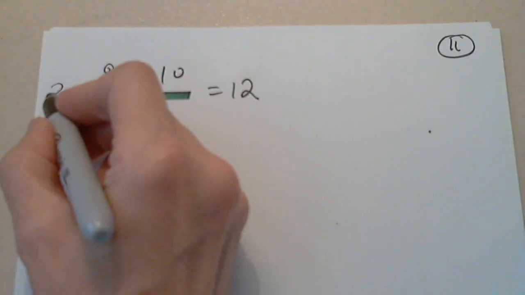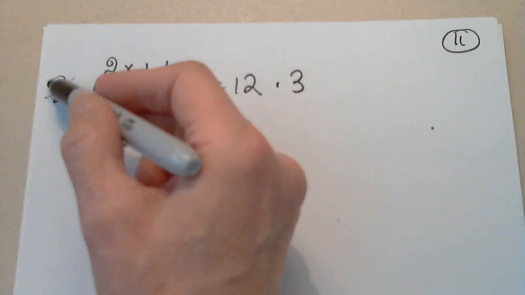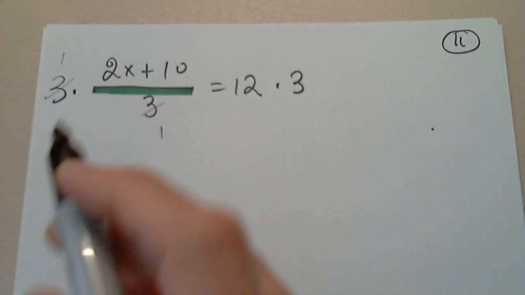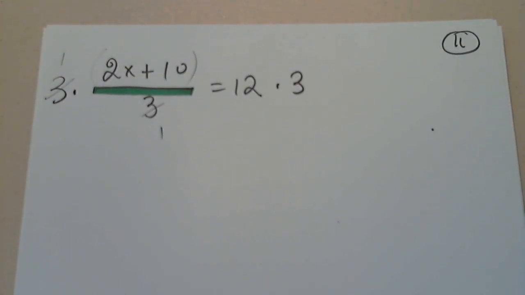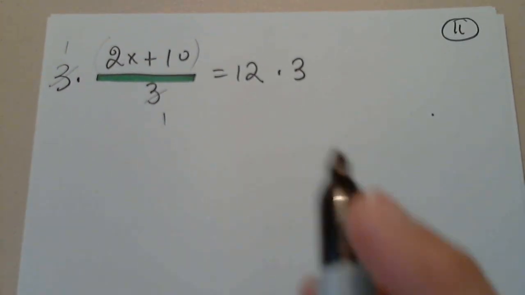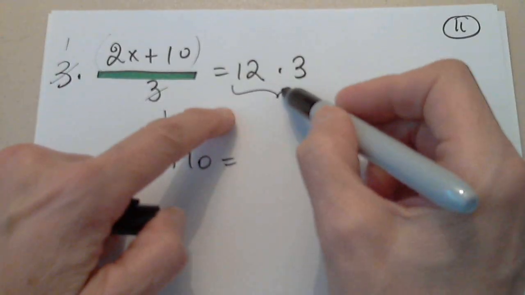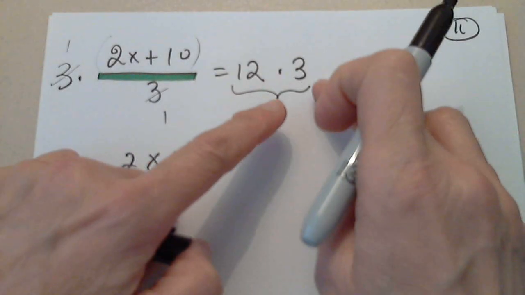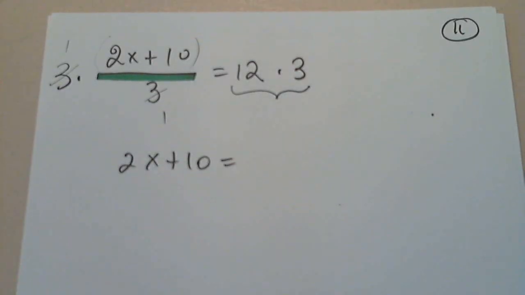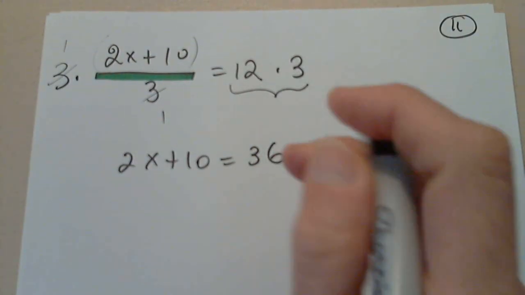Exactly. We need to multiply both sides by 3. This is mandatory. So then when I simplify factors, because this is outside, the left-hand side is 2x plus 10. Notice that I cannot multiply one side without multiplying the other. That would be a terrible mistake. So then 12 times 3 is 36.